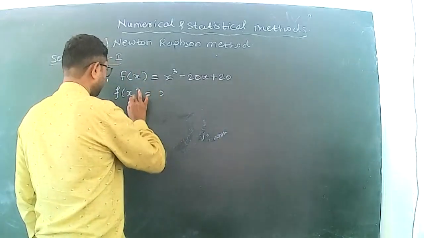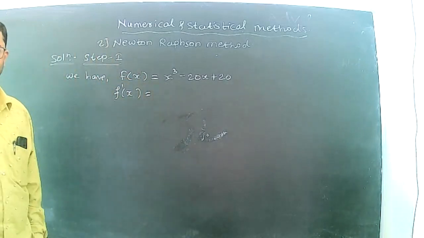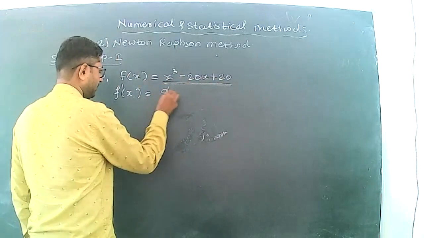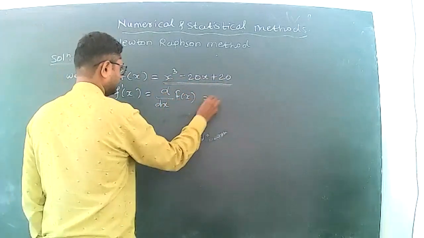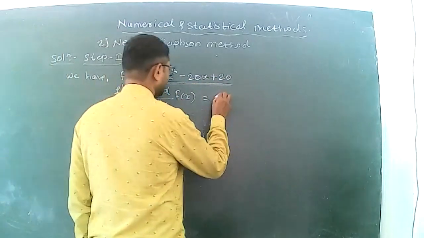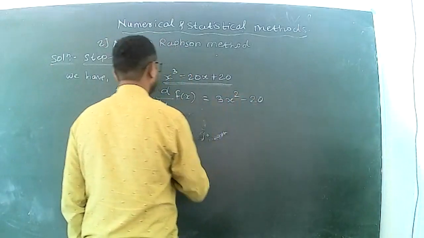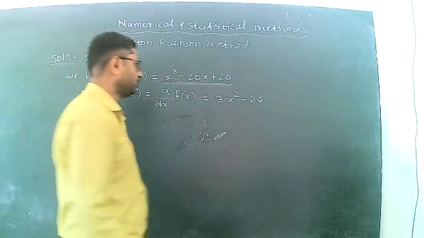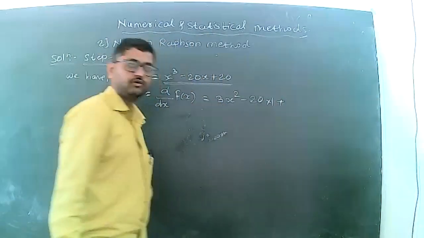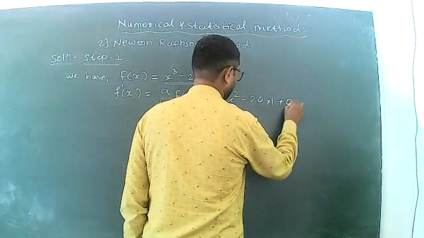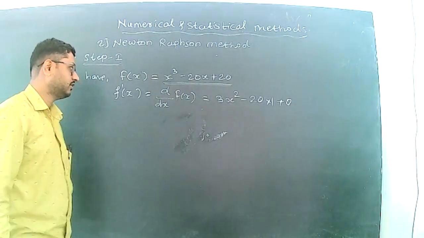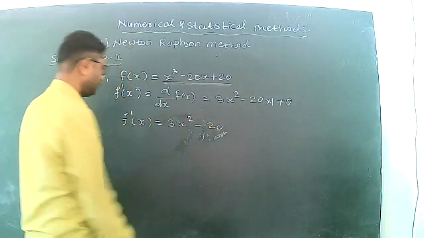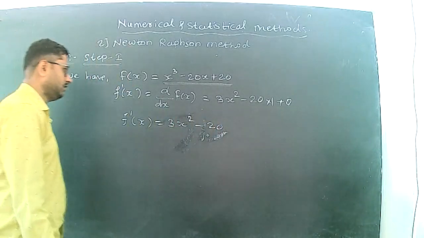To find f dash of x, we take the derivative of f of x: d by dx of f of x is 3x square minus 20, the derivative of x cube is 3x square, minus the derivative of 20x is 20 into 1, plus the derivative of the constant 20, which is 0. So f dash of x is 3x square minus 20.